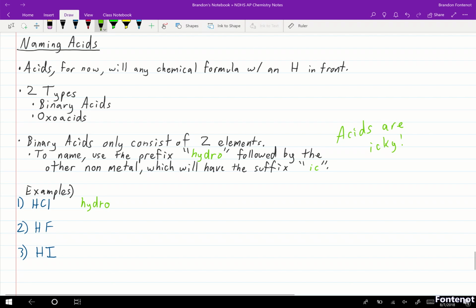Now, typically, whenever we would name this as an ionic compound, we would say hydrogen chloride. That is not right. It is not hydrogen chloride because we're assuming it's an acid and it's dissolved in water. So what we're going to do here is I'm going to say hydro. Now, we still have to worry about the chlorine.